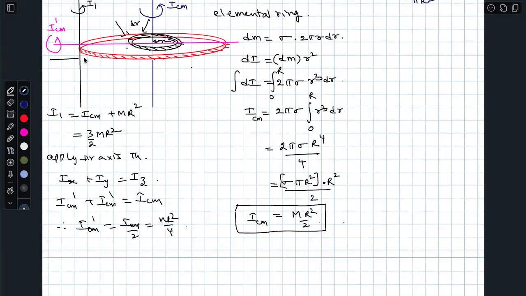If you imagine another axis which is parallel to ICM dash and tangential to the disk, let this be I2, and I2 is ICM dash plus M r square. So this will become 5 by 4 M r square.